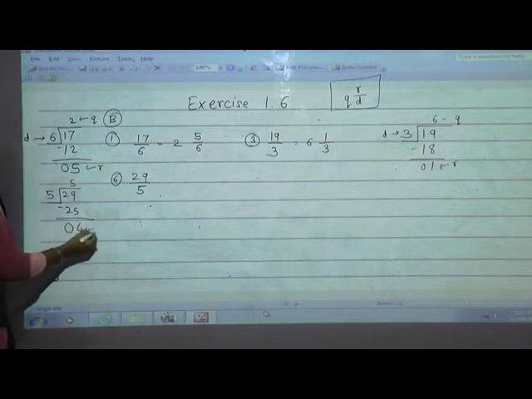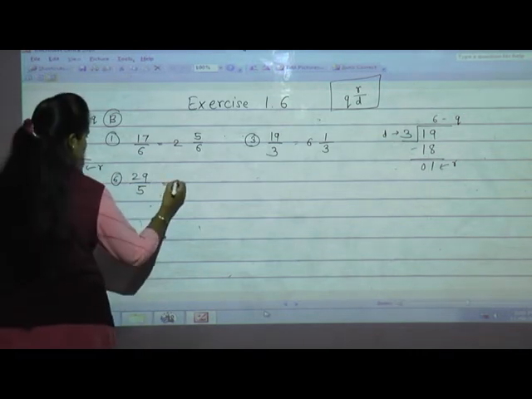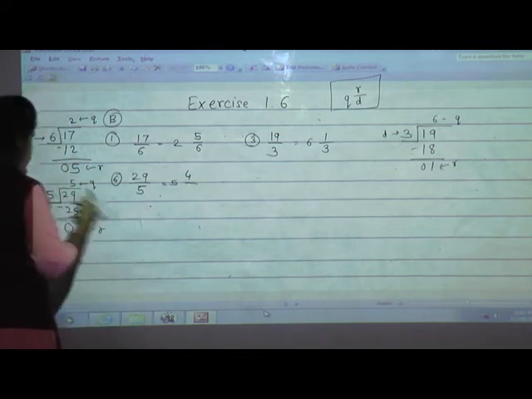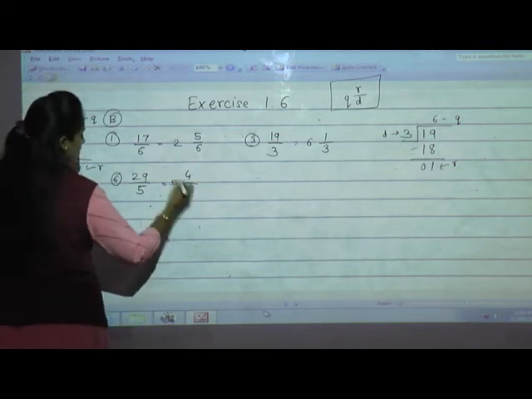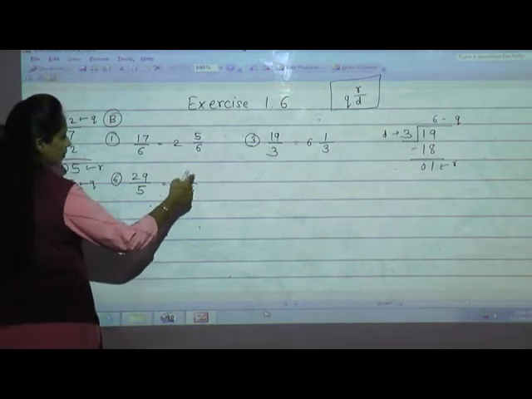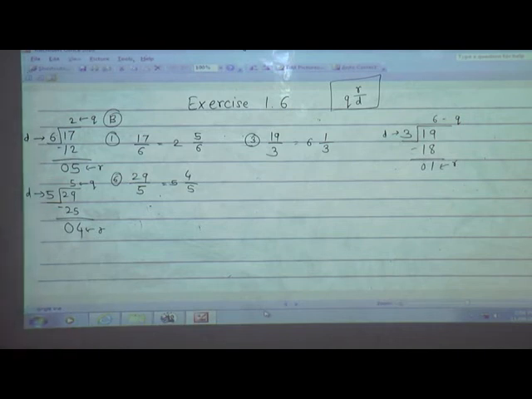So this is remainder, this is quotient and this is denominator. See? Write quotient first, that is 5, and the remainder in the place of numerator and the denominator will remain as it is. How you can cross check? 5 5s are 25 plus 4 is 29 and denominators remain as it is.